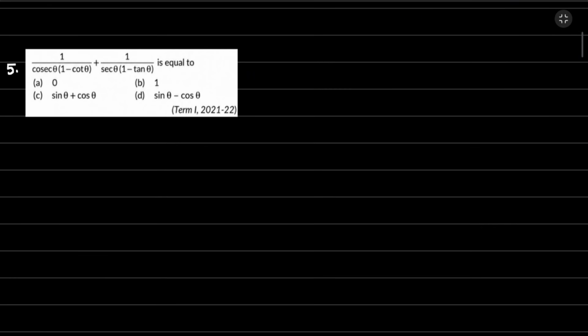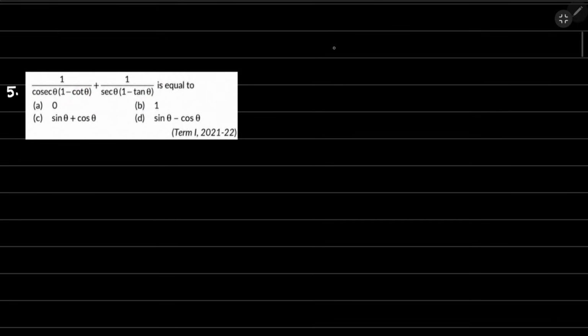You have to solve and tell what this trigonometric identity is equal to. So you are given 1 by cosecant. If you take the reciprocal, 1 by cosecant theta is equal to sine theta, or 1 by sine theta is equal to cosecant theta, right? 1 by sine is equal to cosecant.